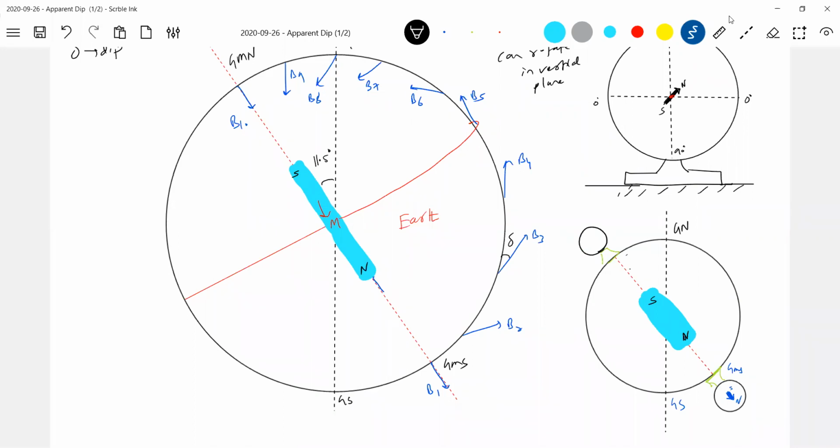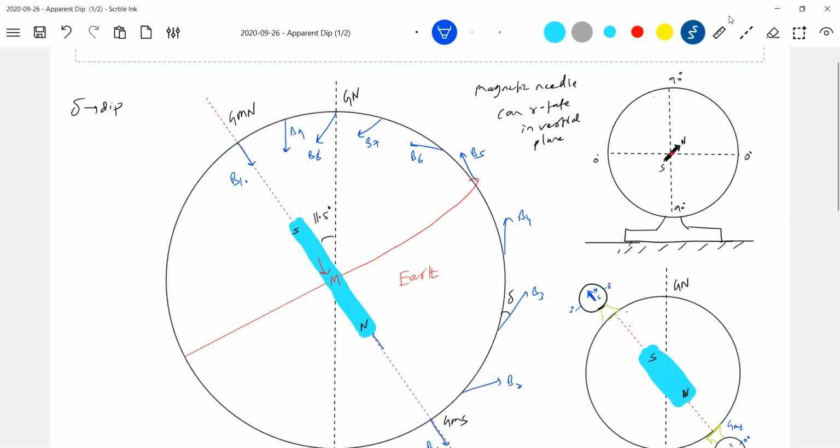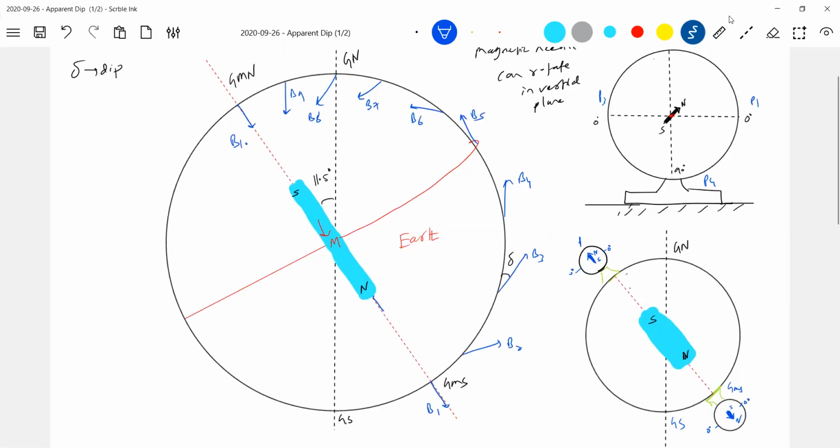The needle will align itself in this direction. Got the idea? If you're getting confused, you can write it as P1, P2, P3, P4. So here it will be P1, P2, P3, P4.